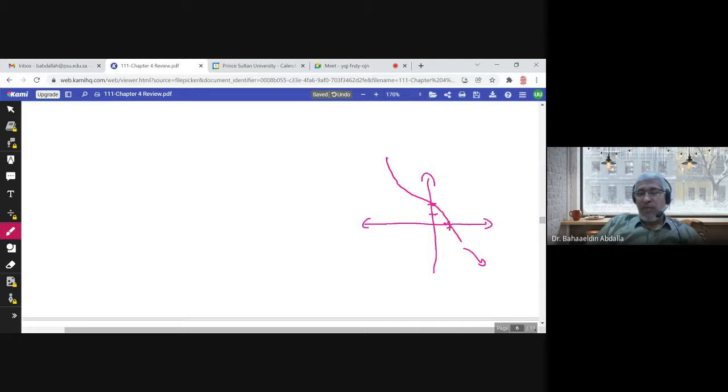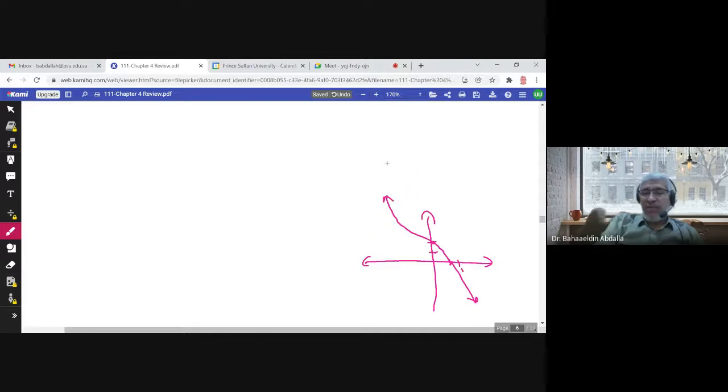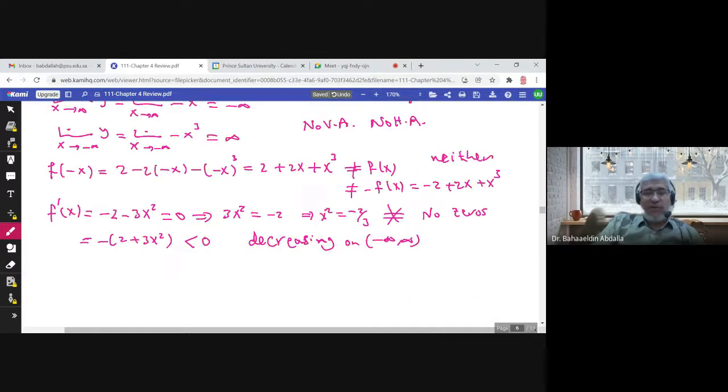I'm expecting it here. So this is 1 and this is 0.8. Let us see the other properties, but up to now, this graph is okay.